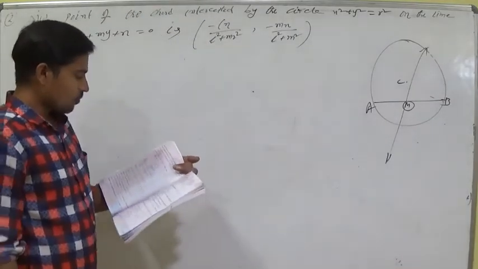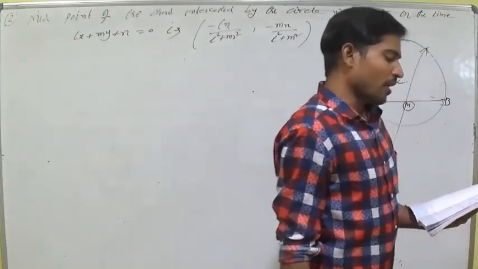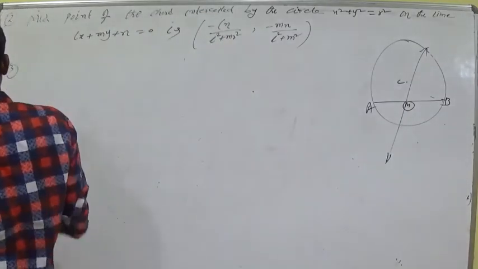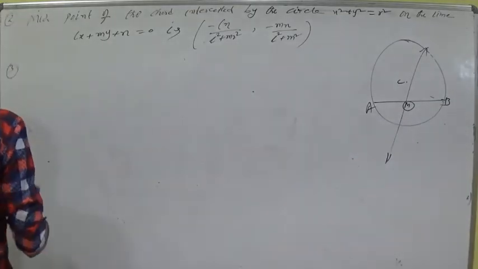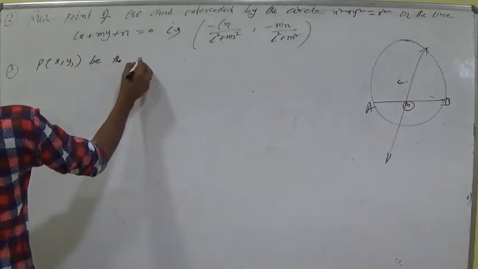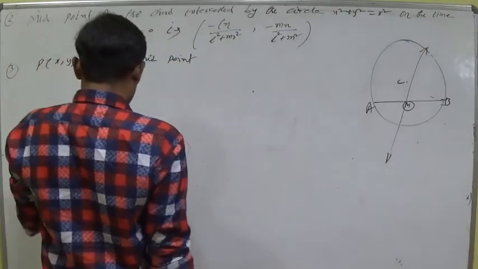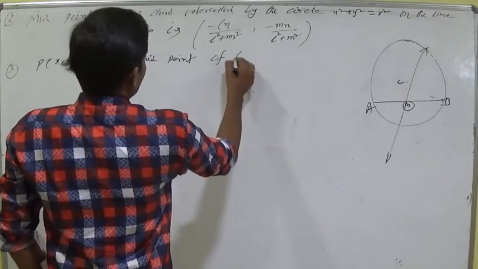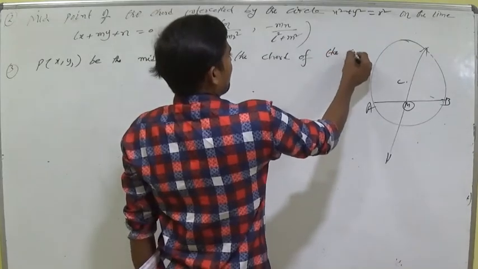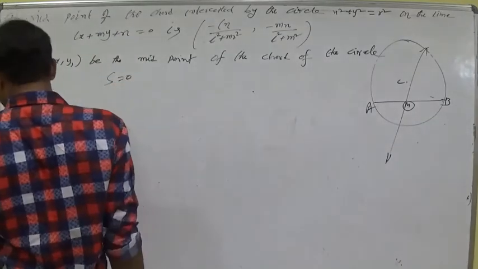Next, the length of the chord of the circle. Let P(x1, y1) be the midpoint of a chord of the circle S equal to 0.